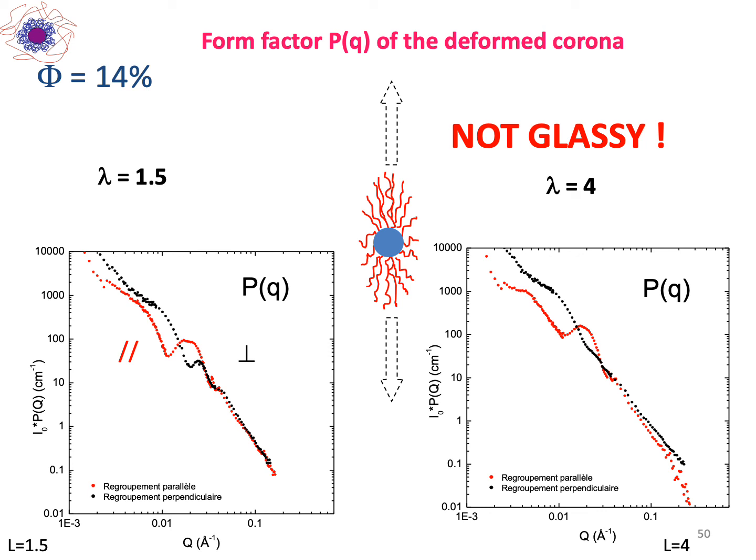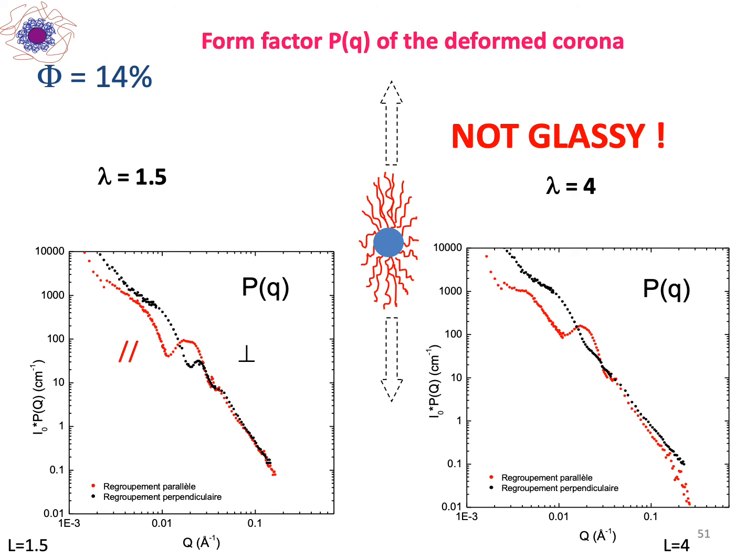You see the same thing on the right-hand side for a larger lambda, lambda equal 4, for which the shift between the two curves is actually not so strong, which could be explained by the fact that the corona is not so deformable, since it makes only a thin layer around the silica core, which is undeformable.